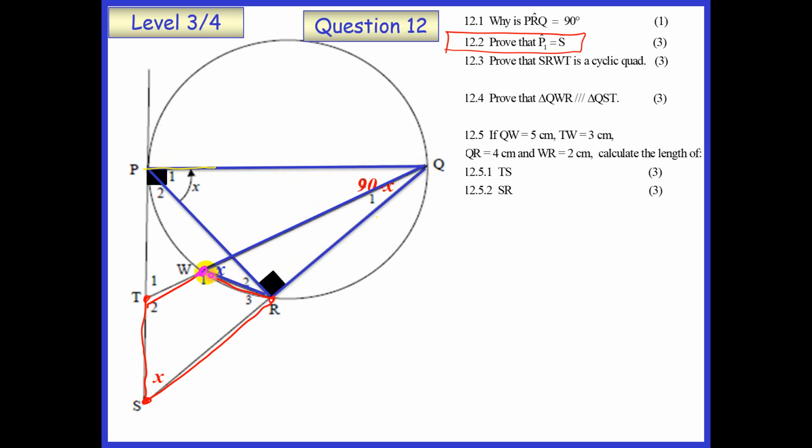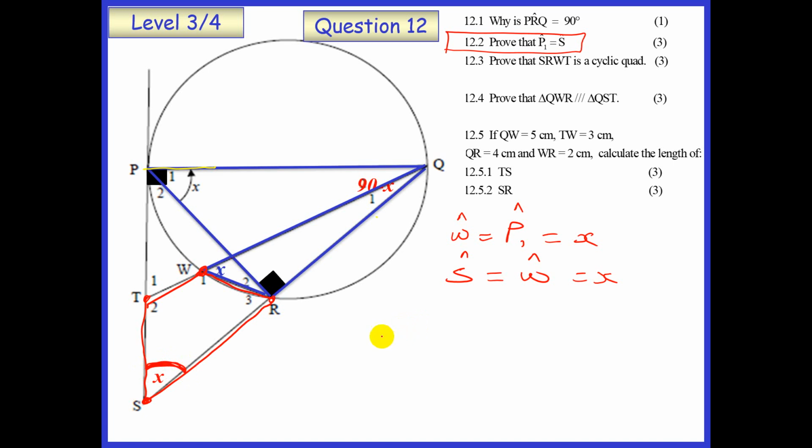So we have W is equal to P1. If we look from chord RQ, we have angles in the same segment. I want to write that down for you: angle W is equal to angle P1, and that is angles in the same segment. But you'll notice that angle S has been proven to be equal to X. So therefore, we can conclude that angle S is equal to angle W, because S was proven previously.